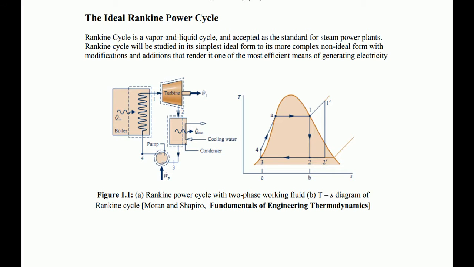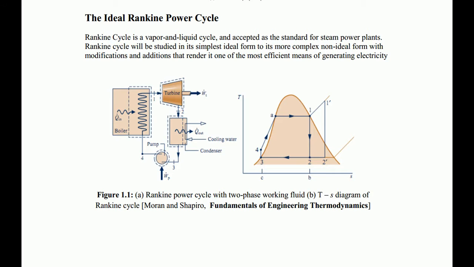And from 3 to 4 we have a pump to take that condensed water and recirculate it into the boiler. We need a pump over here from 3 to 4. As you can see on the TS diagram, 4 to 1 is a constant pressure line. This is the pressure of the boiler. At the condenser you have a constant pressure of heat rejection.